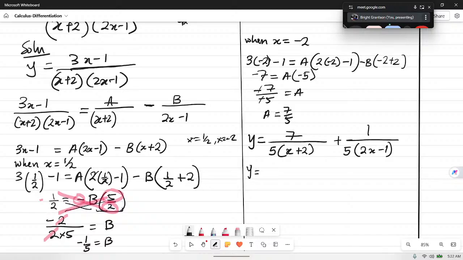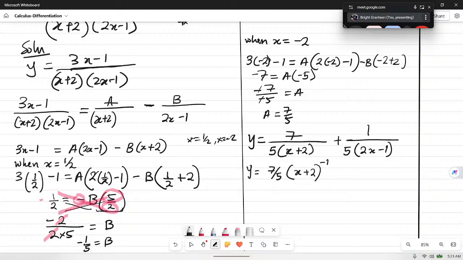So it's going to be 7/5 times x plus 2, exponent -1.